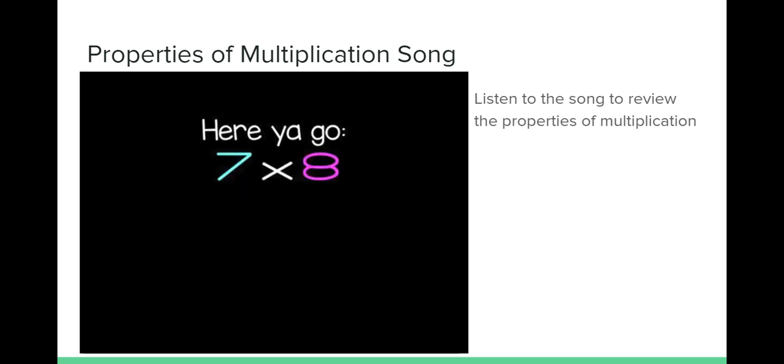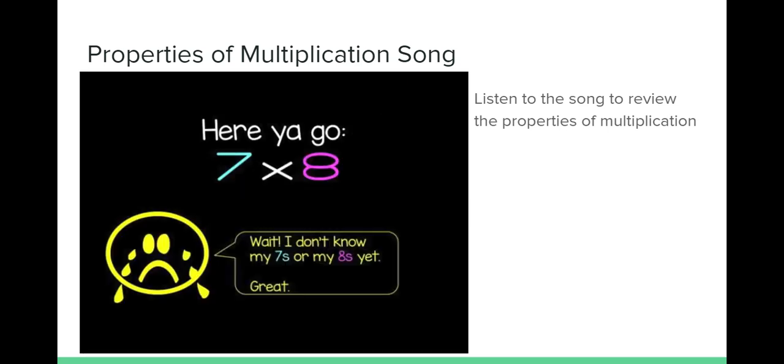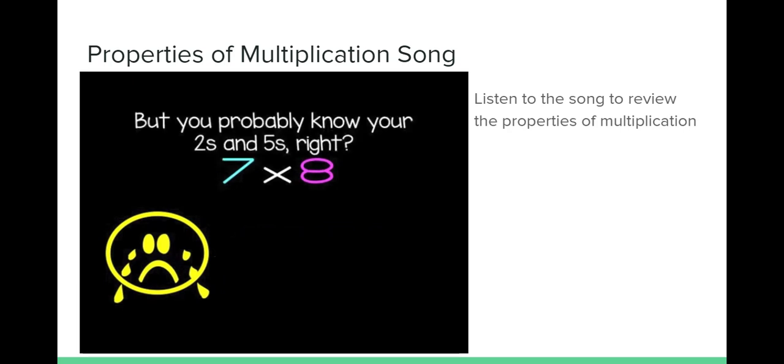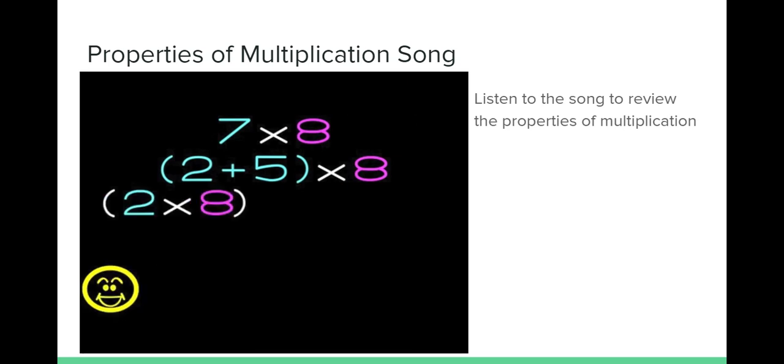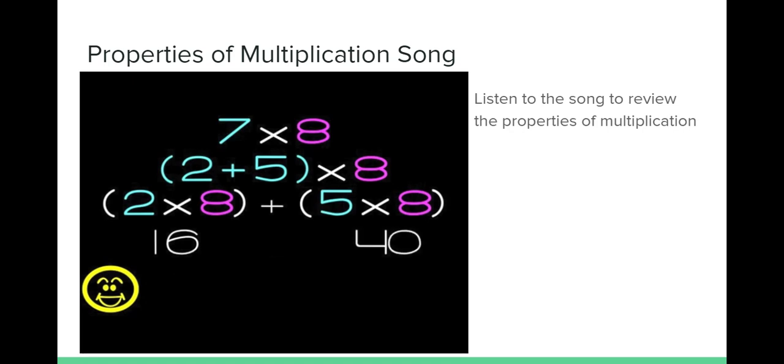Say we have 7 times 8. Wait, I don't know my 7s or my 8s yet. But you probably know your 2s and 5s, right? So break down the factor 7 into 2 plus 5. Now, 2 times 8 is 16, and 5 times 8 is 40. Now it's time to add them. What is 16 plus 40?